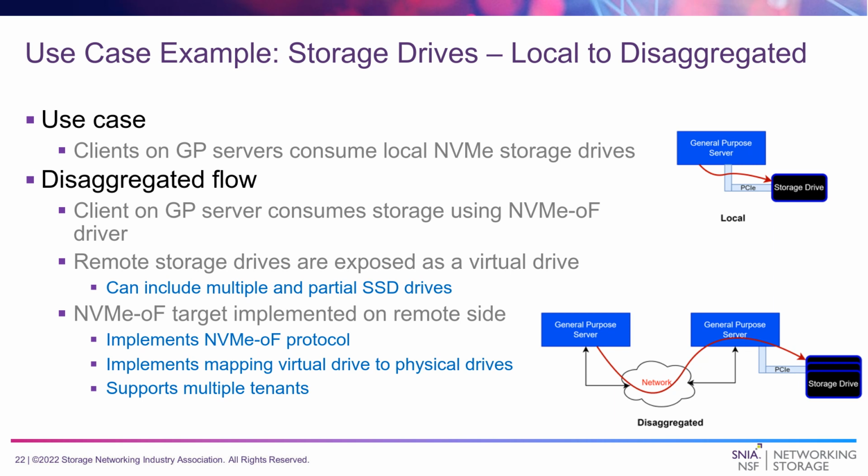It could be a partial of a real hardware SSD, or even multiple ones exposed as a single storage drive. We need to implement the NVMe over Fabric on that remote side, implement the mapping between them, supporting multiple clients, and all the features that are required in order to make the flow disaggregated. So all that logic will be placed on the server side.